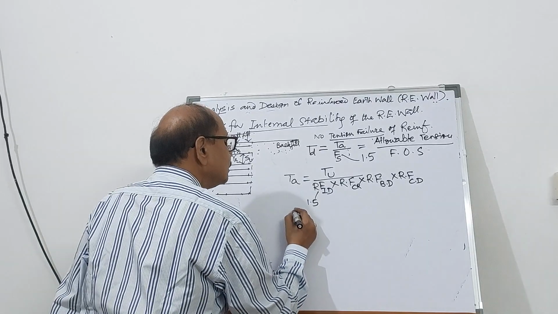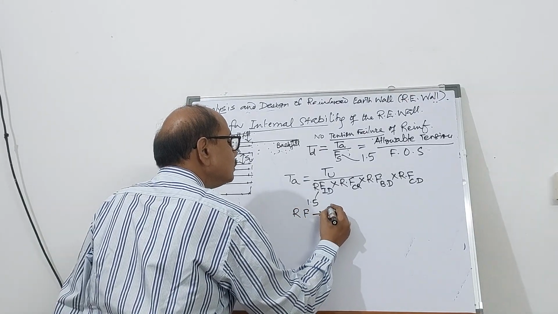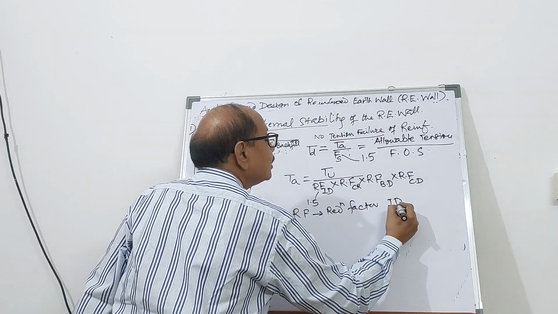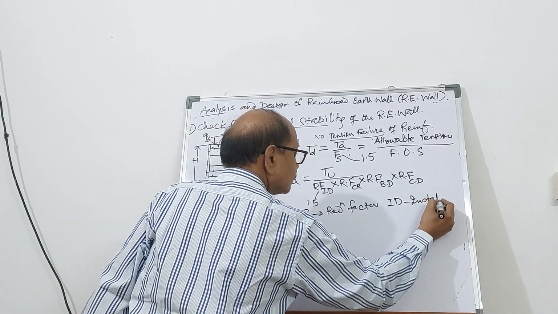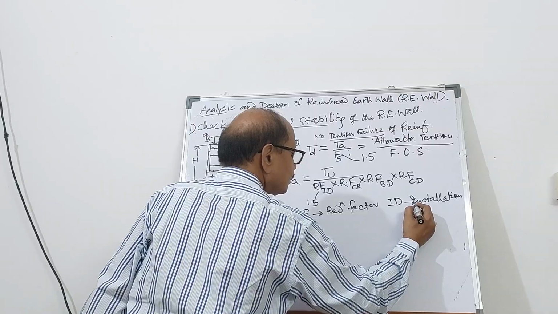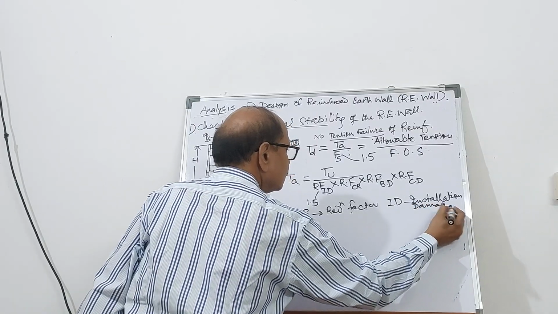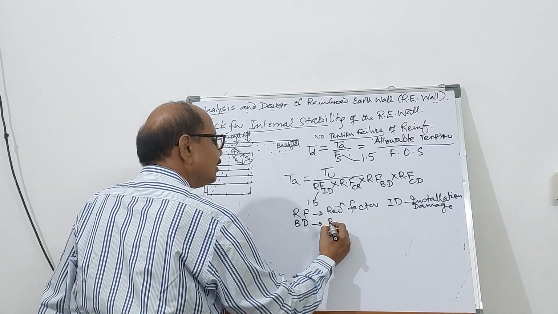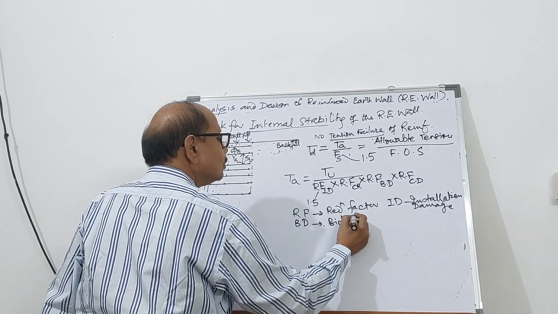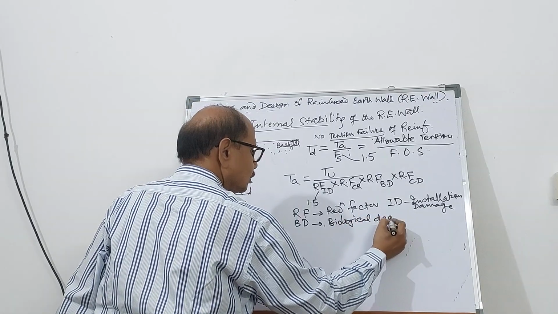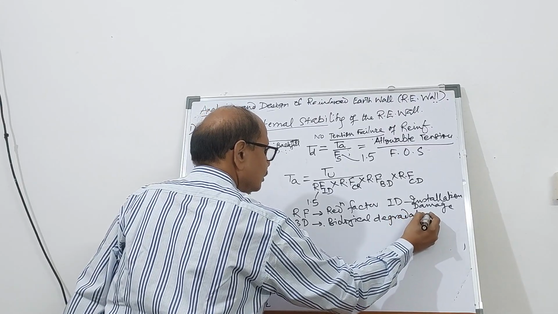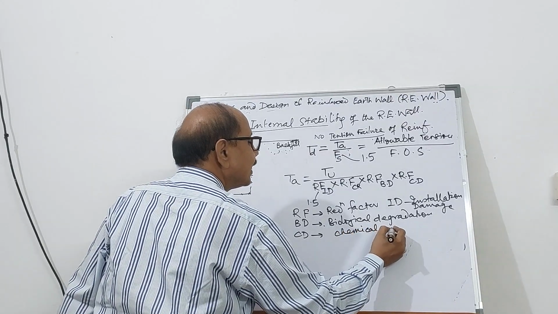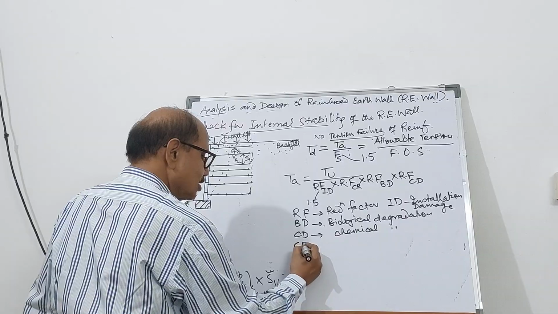So RF means reduction factor. ID means installation damage. BD means biological degradation. CD means chemical degradation. CR means creep.